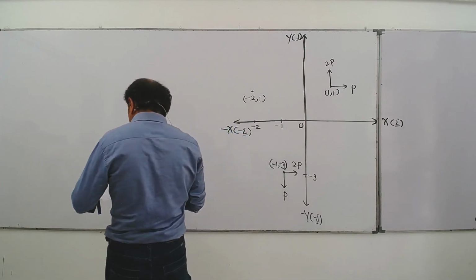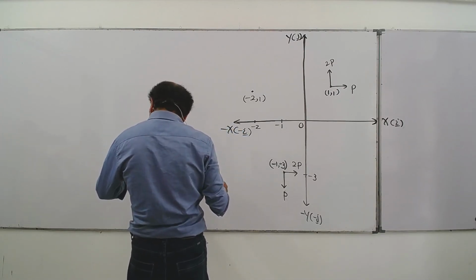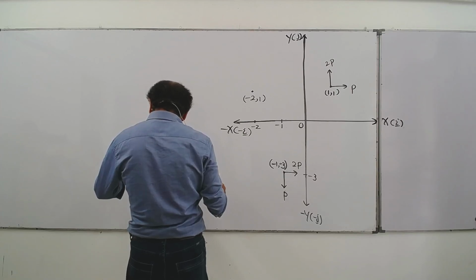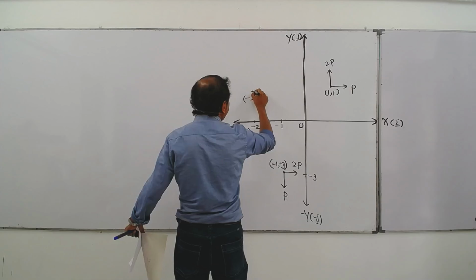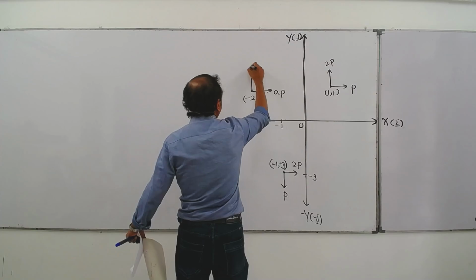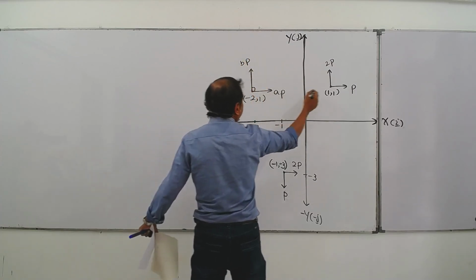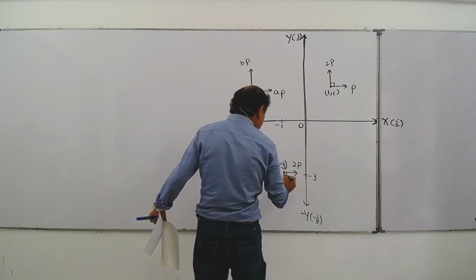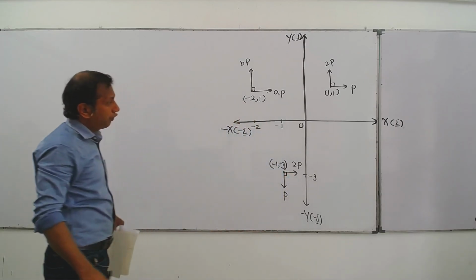And the two forces acting are AP and BP. I'll take this as A times P, B times P like this. These are the forces.